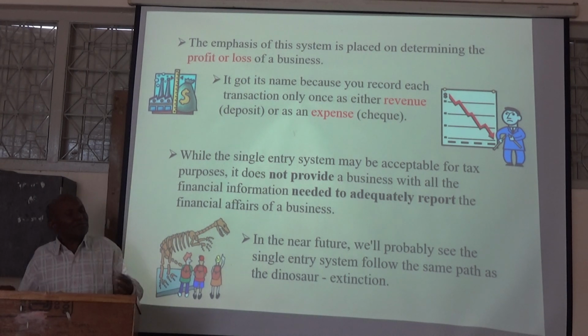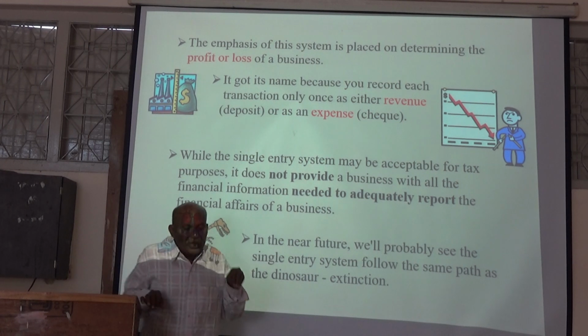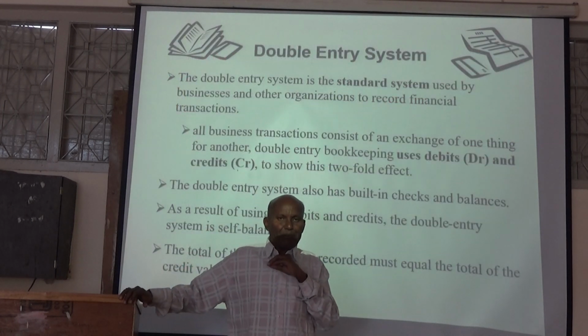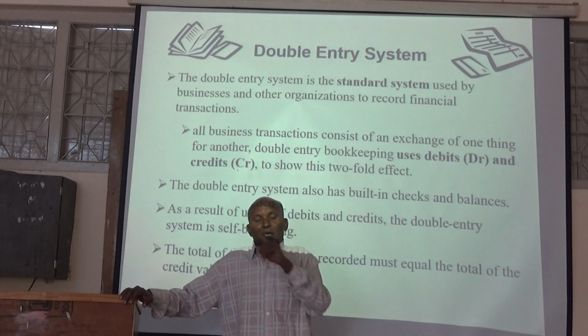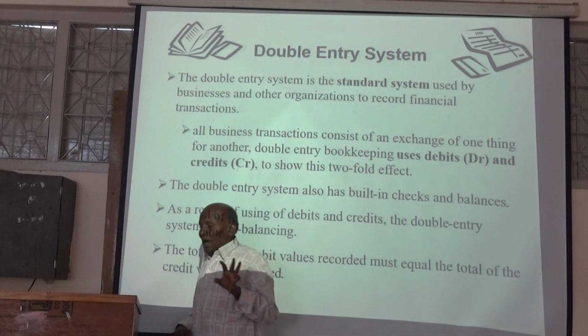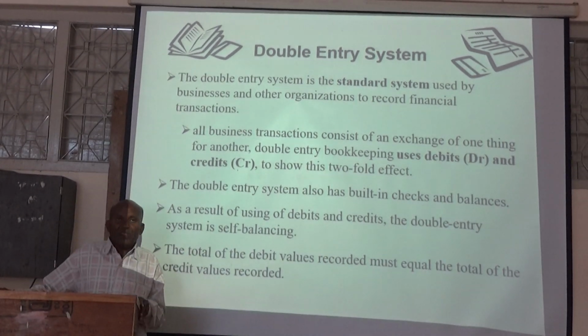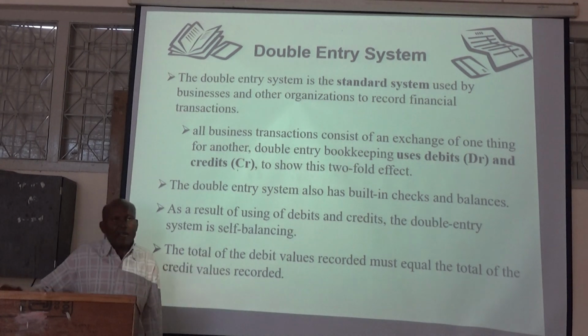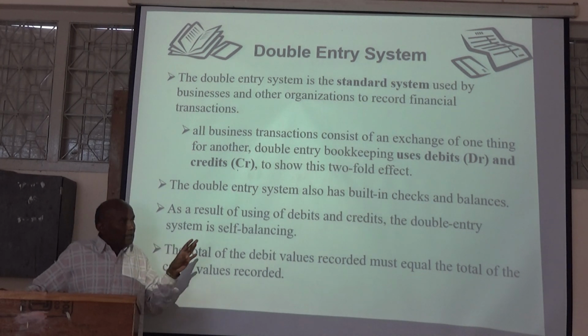Then the second method is the conversion method. The conversion method is very important from the examination point of view, because questions are asked on the conversion method. Under this method, we prepare the trading account, profit and loss account, and balance sheet.